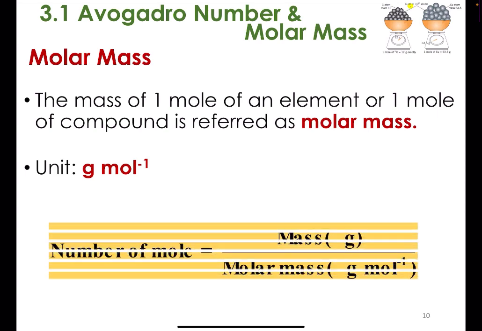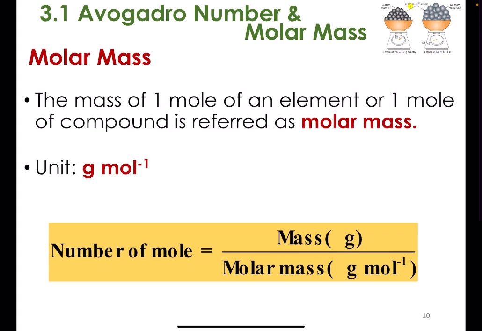And I introduce to you this formula where di mana memang awak selalu nampak formula ini waktu awak belajar di level SPM. So this is the formula where you want to find out the number of mole. That formula is equal to mass in gram over molar mass in gram per mole.